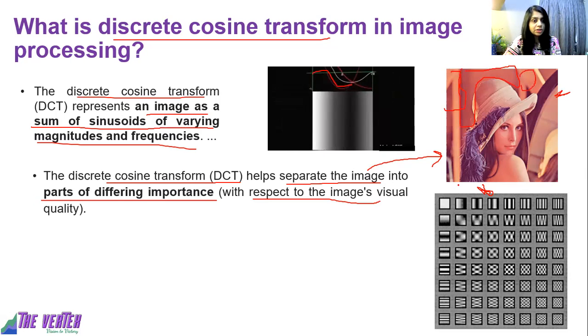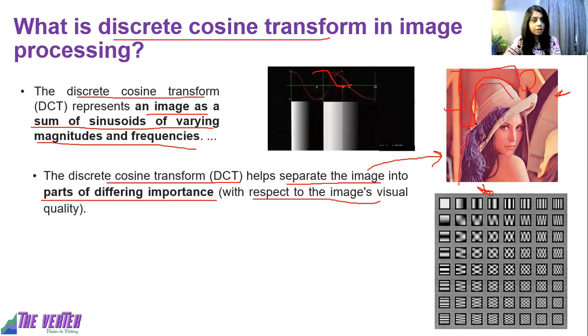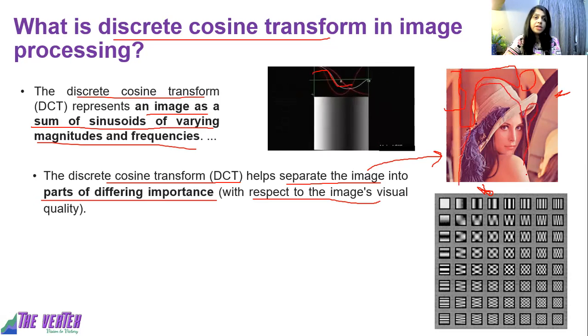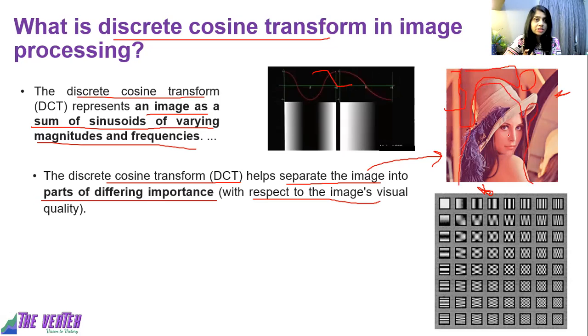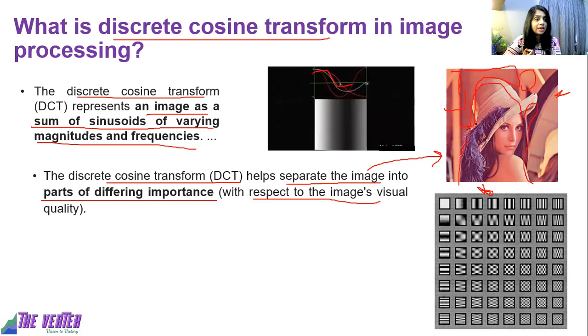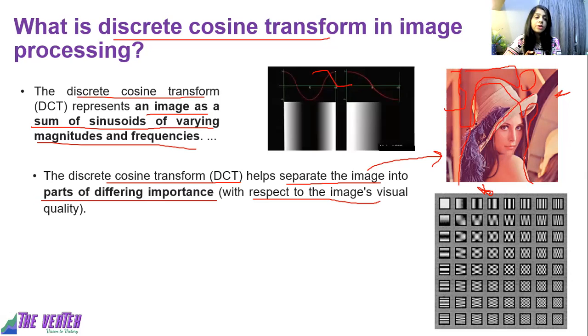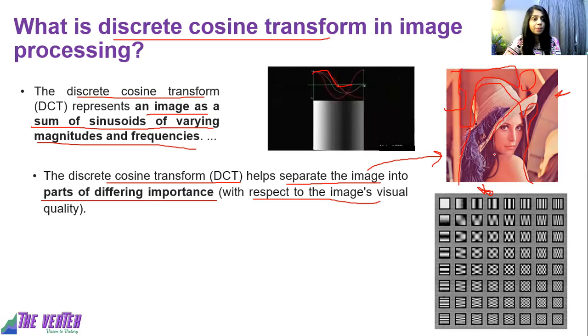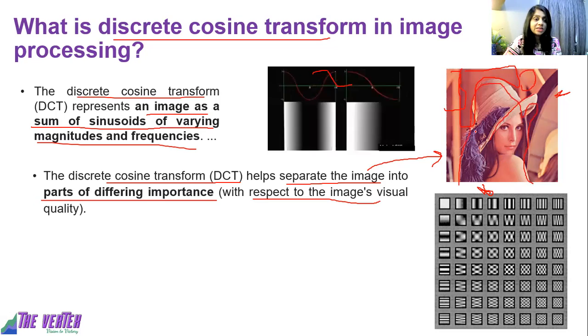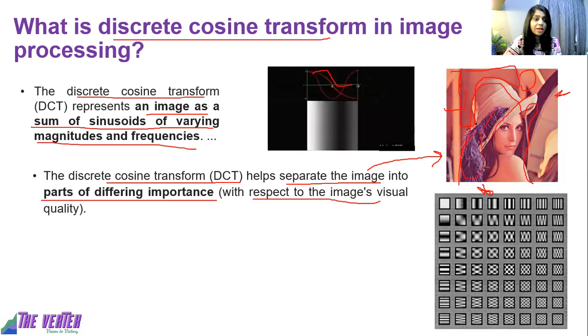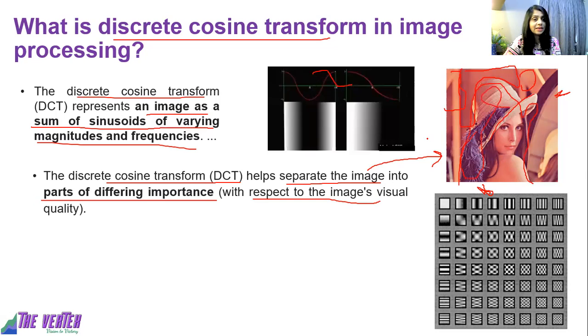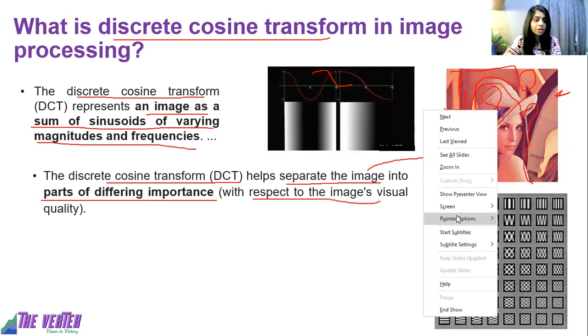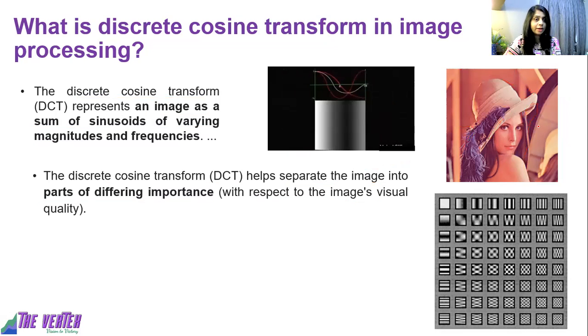But if you see this particular part, which is the Lena image, it is a human figure. A lot of variations are available: the cap, the circular part, hair, eyes, nose. So a lot of pixel intensity variations are available in this area, and hence you can say that the human figure in this image is more important than the background.